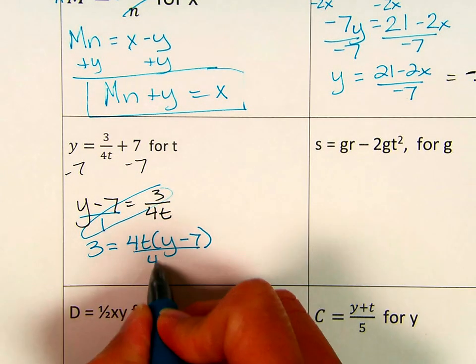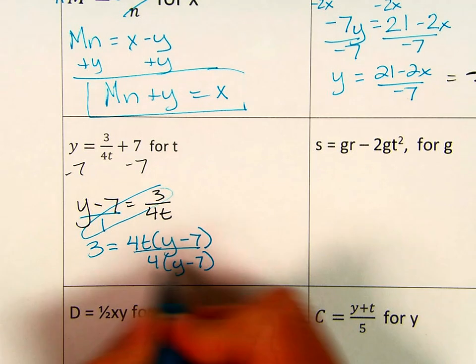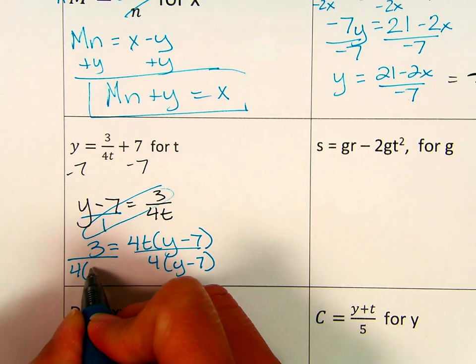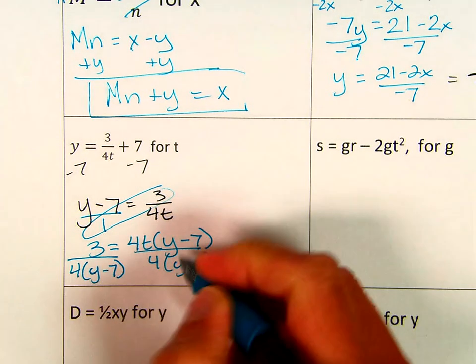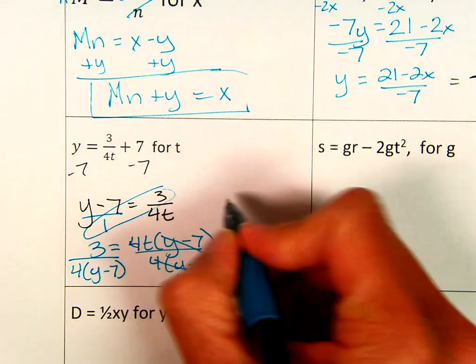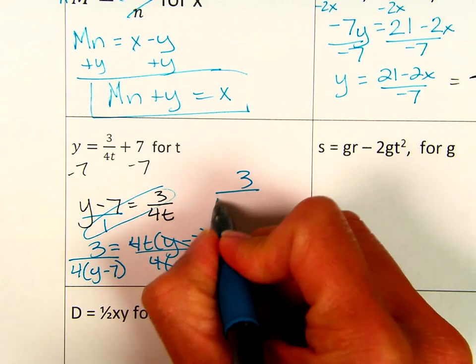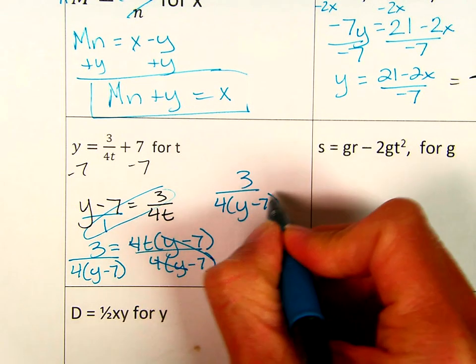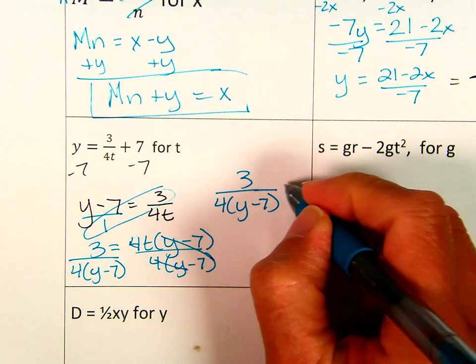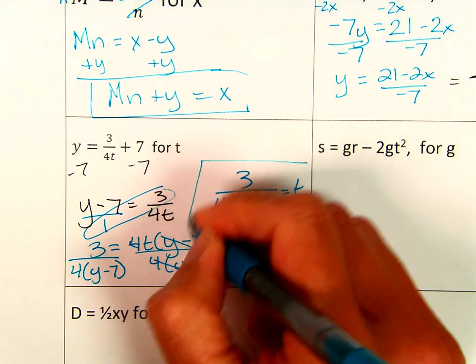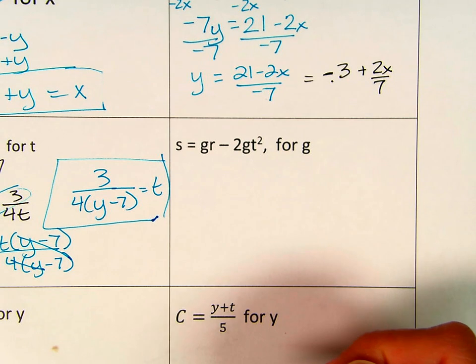We're going to divide by those 2 things at the same time. So we divide by 4 times Y minus 7, and that would be our answer. 3 over 4 times Y minus 7 equals T. A little bit weird, but that's what it is.